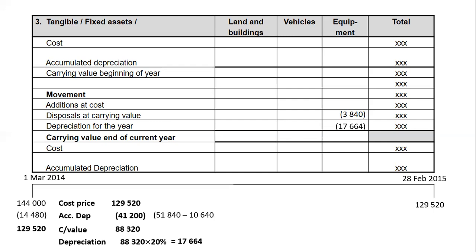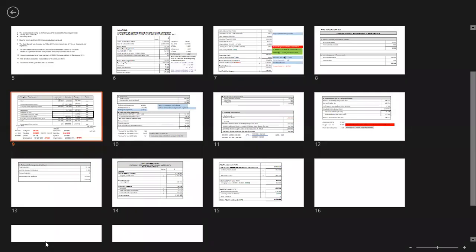The depreciation of the equipment sold will not be calculated as that equipment was sold at the beginning of the financial year. That is why we will not have depreciation on that.